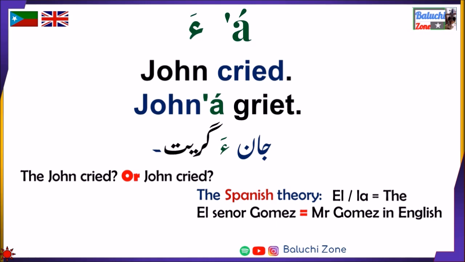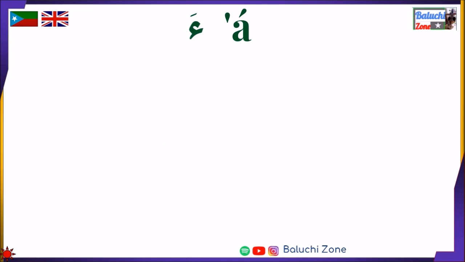Also, the Á in Balochi is often found attached to names when we are talking about a person or a sentence is about a person, especially for sentences in past tense. However, it can also be used for sentences in the present tense. Let's do some examples.